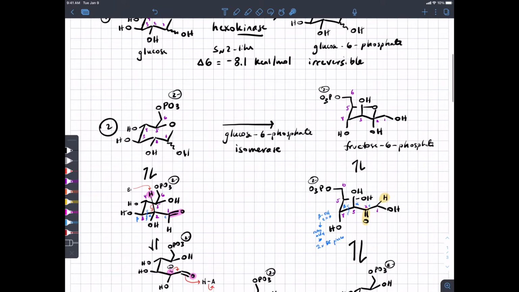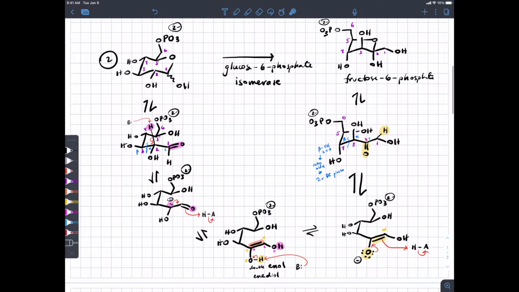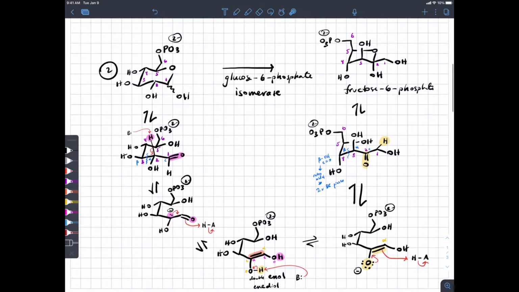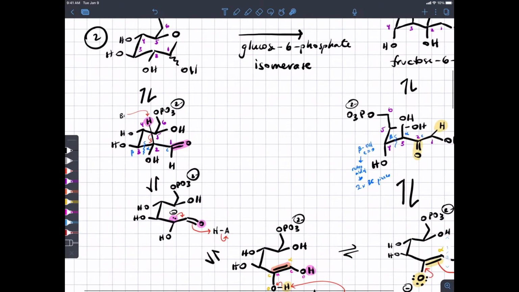The next step was the one we ended on last time, and this is the isomerization of glucose 6-phosphate to fructose 6-phosphate. We pointed out last time how glucose 6-phosphate is an aldehyde.